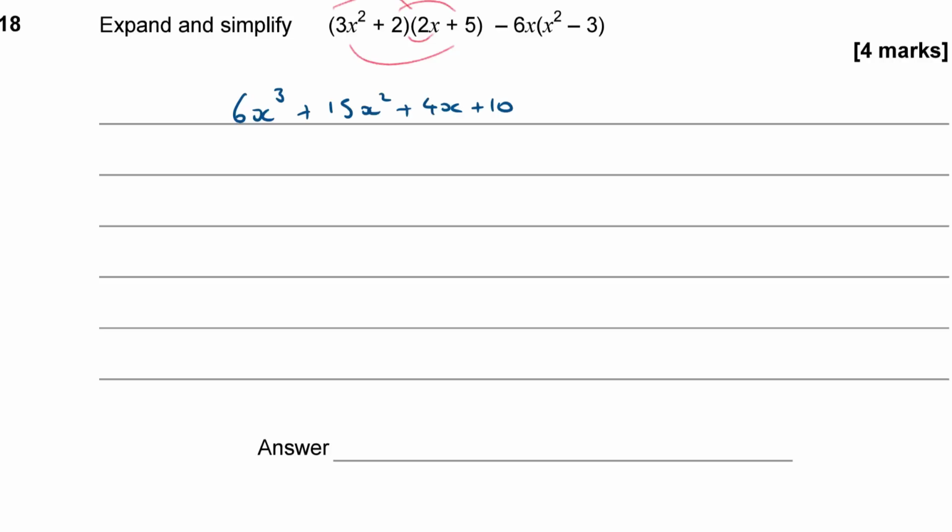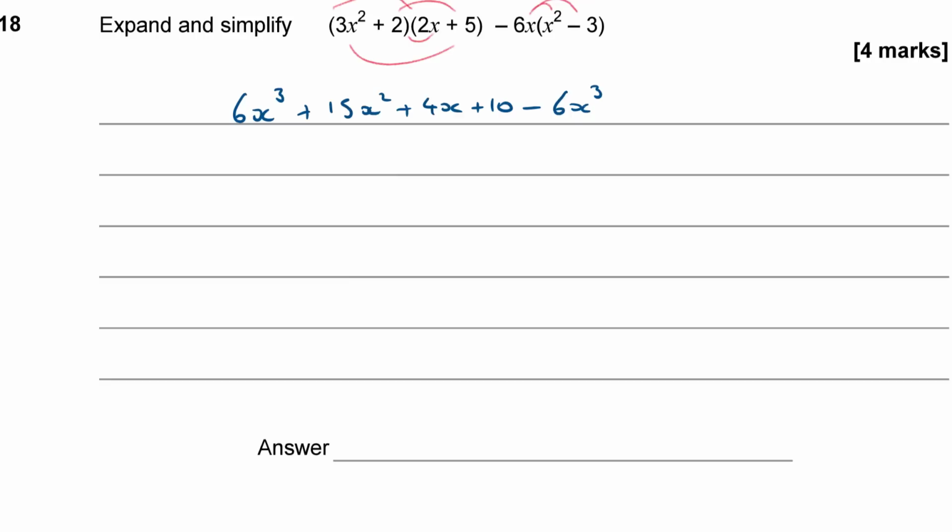Now then I've got a single bracket here, so I can multiply everything in here by that term sitting on the outside. But remember, that term on the outside is negative. So as I multiply through, I'm going to be flipping the sign of the things that are inside the brackets. So just take care with the minus signs here. So negative 6x times x squared gives me negative 6x cubed.